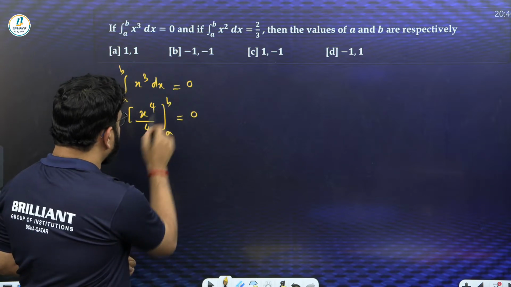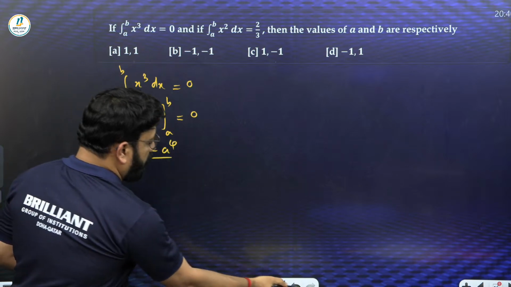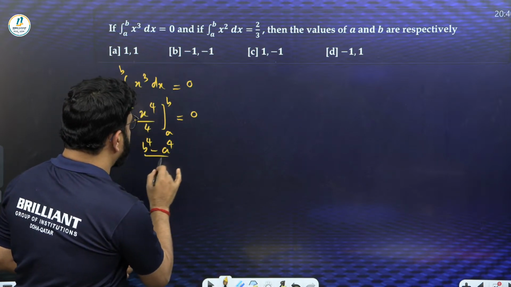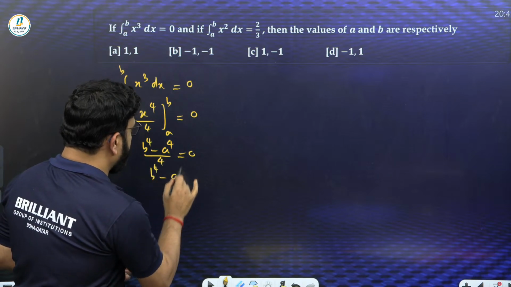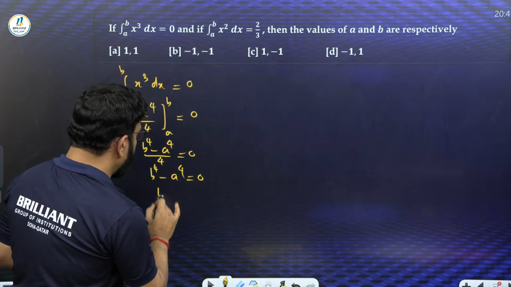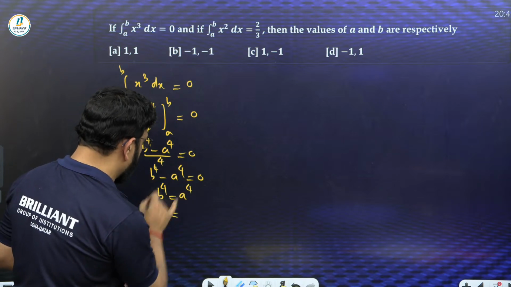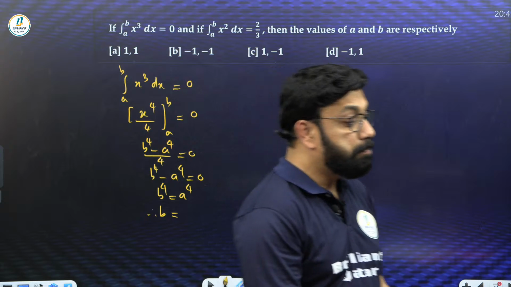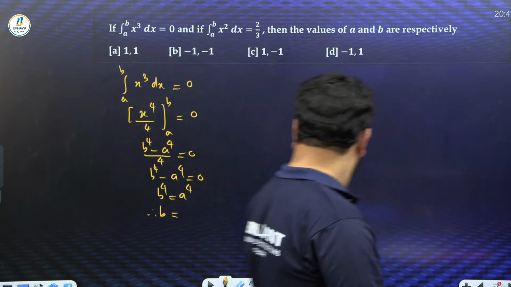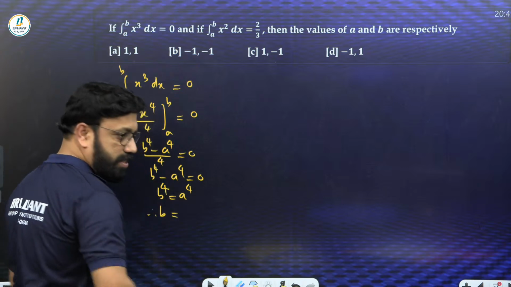Substituting, b raised to 4 minus a raised to 4 by 4 equals 0, so b raised to 4 equals a raised to 4. Therefore, b equals what?